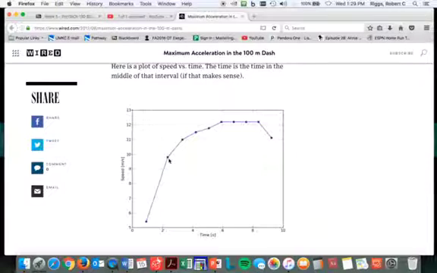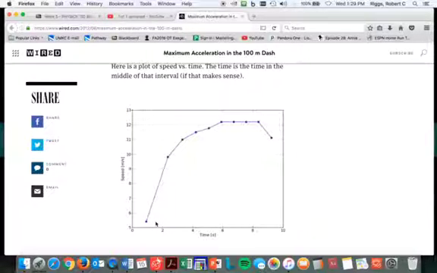What is that speed limit? That's about 9.8 meters per second. This was about 5.5 meters per second, and the time interval might be, what, 0.7 seconds or so. You divide the change in speed by the change in time, so you get that little triangle here.